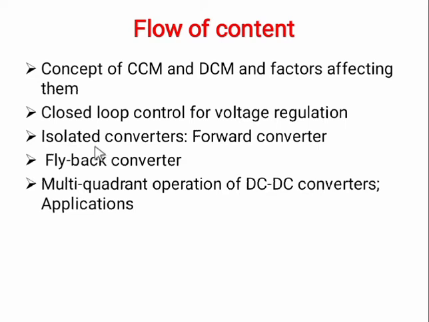That means there is no physical connection between the input and output, as in DC to DC converters like buck, boost and buck-boost converters, which are known as non-isolated converters. So these two converters, flyback converter and forward converter, are known as the isolated converters.